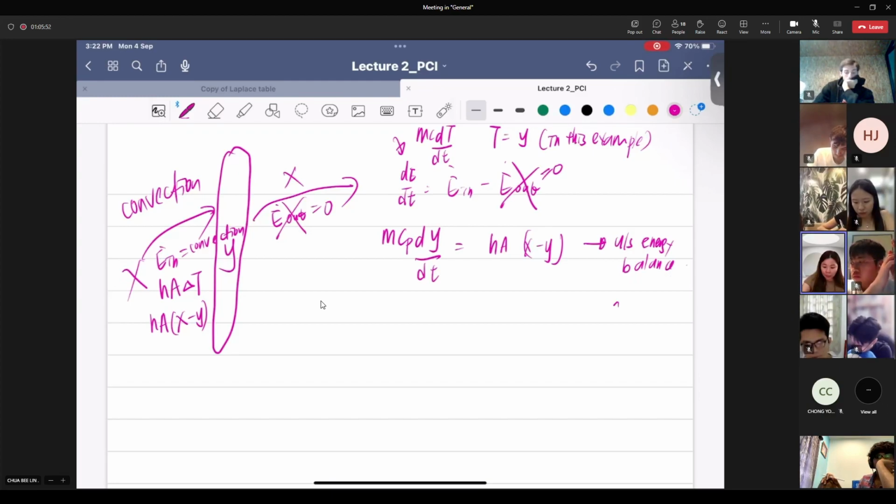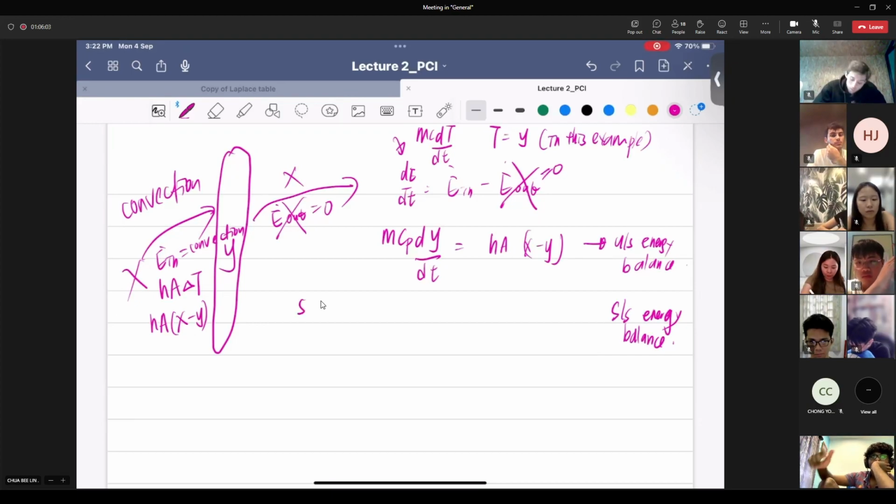If it is a steady state energy balance, we will actually include the subscript of S or SS. So in this case, I use the subscript of S to indicate steady state.